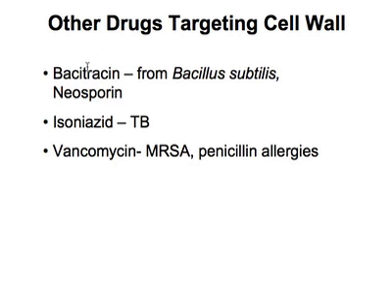And you can find this in things like Neosporin. So Neosporin is a topical antibiotic cream. Isoniazid, which is a TB drug, this will target the production of mycolic acid. It works relatively okay, but it does have some high cytotoxicity in our cells. And with all TB treatments, you never treat with just one drug. Usually you have to treat with 3, so triple therapy, and we'll talk about some of those later on.